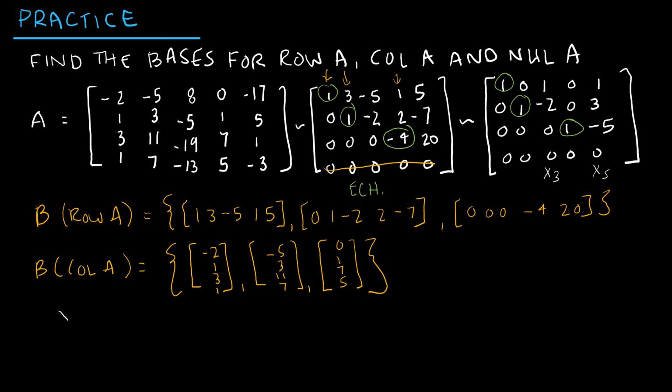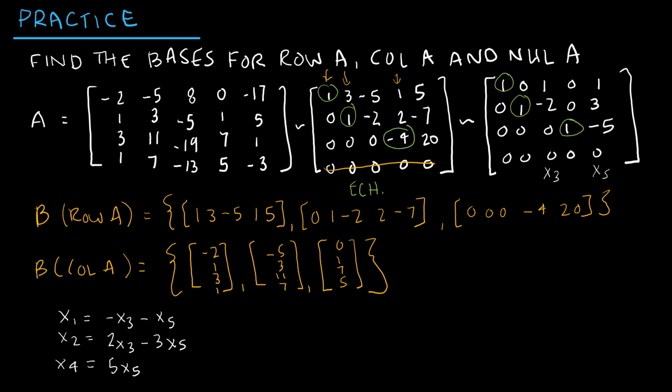So basically I want to write x1 in terms of x3 and x5 and x2, etc. So x1 is equal to negative x3 minus x5. x2 is equal to positive 2x3 minus 3x5. And x4 is equal to 5x5. And that's all I have to do for that.